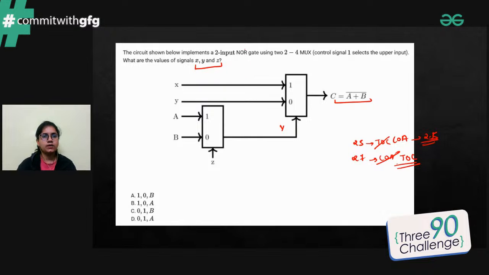So NOR gate, how to represent NOR gate using mux? No, the options are not given here. You just have to write the x, y, and z values. Give me the values, like what is the value of x, what is the value of y, what is the value of z, likewise.